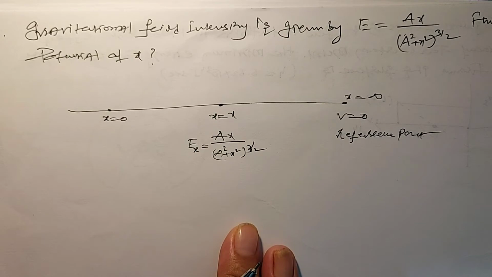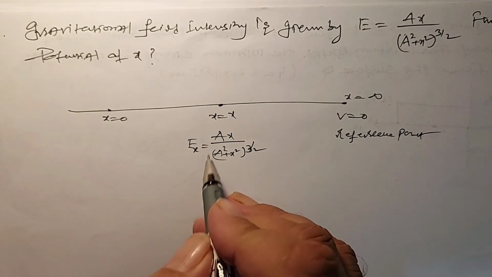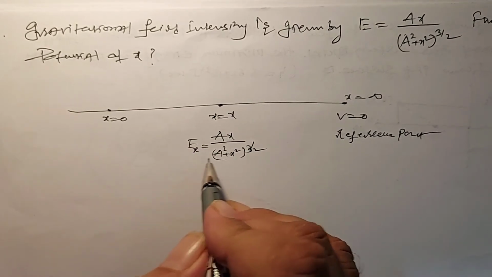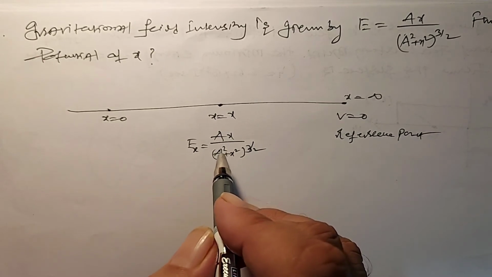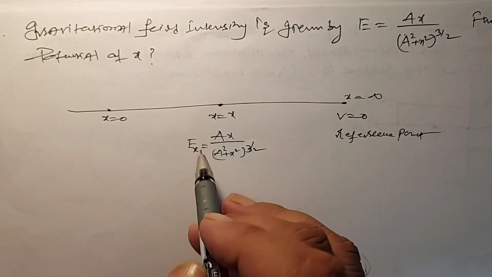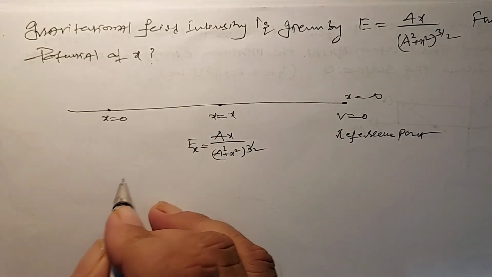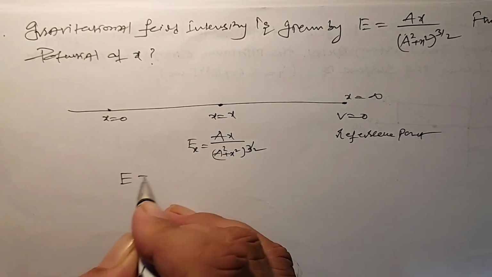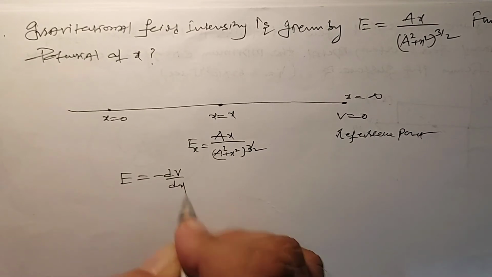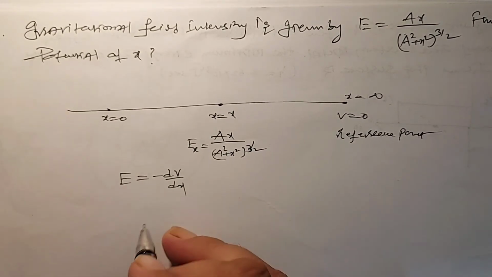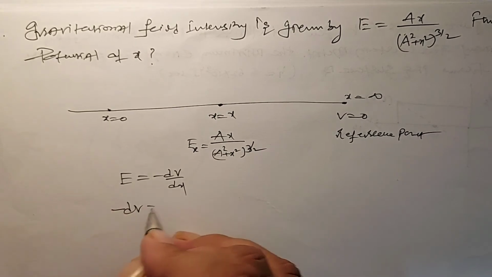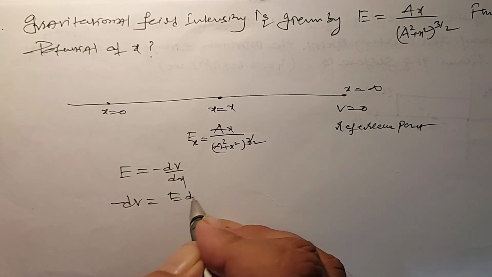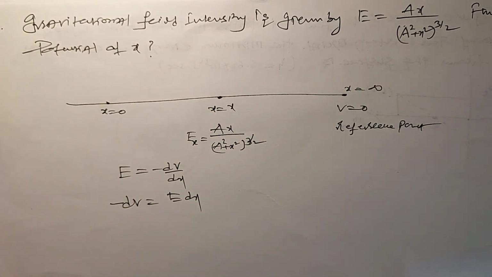They have given this. Now we want to find out the potential at x is equal to x. We know that there is a relationship E is equal to minus dV by dx. So minus dV is equal to E into dx.